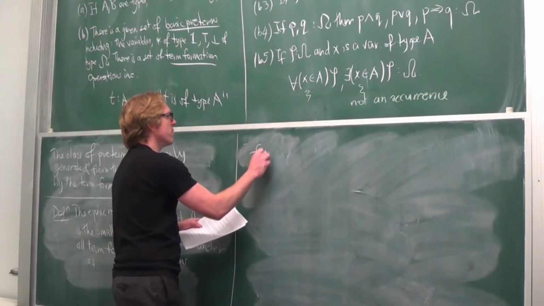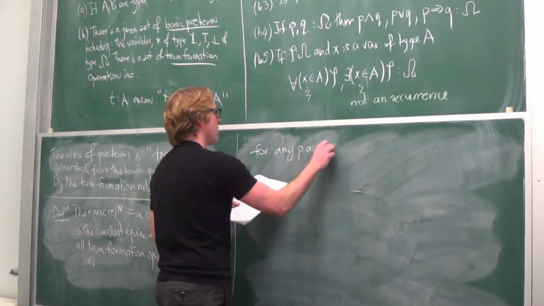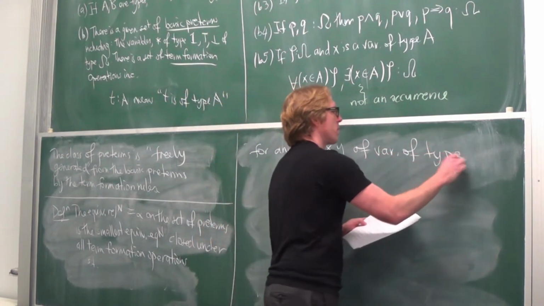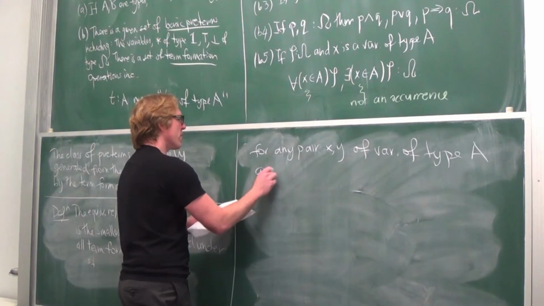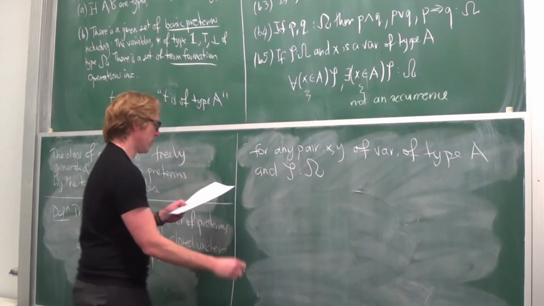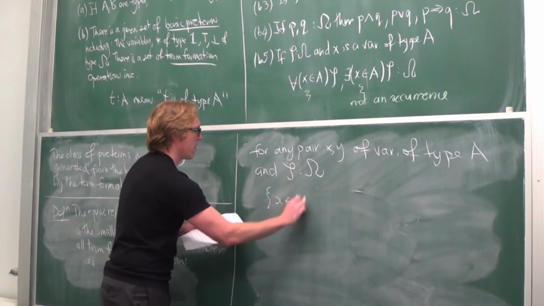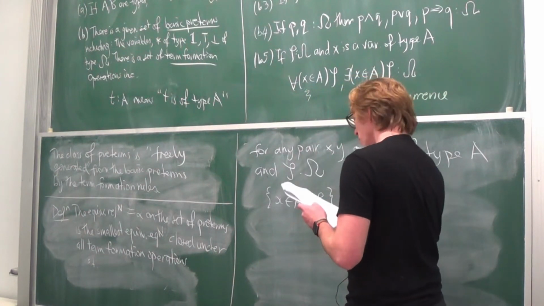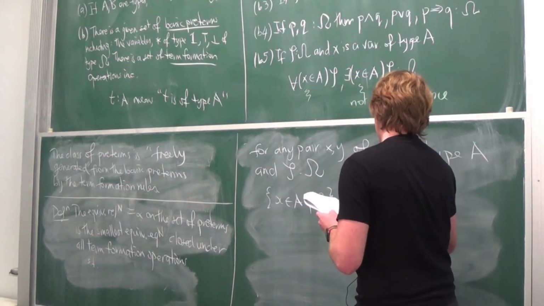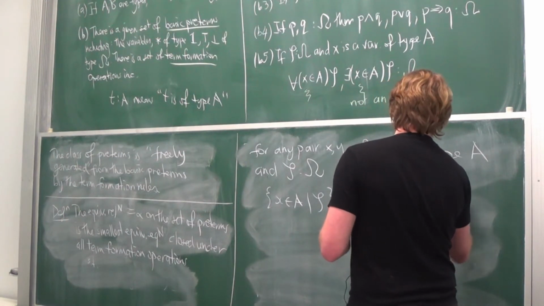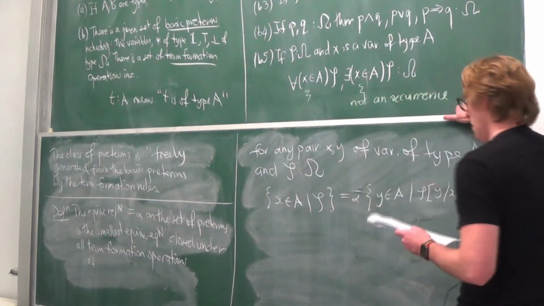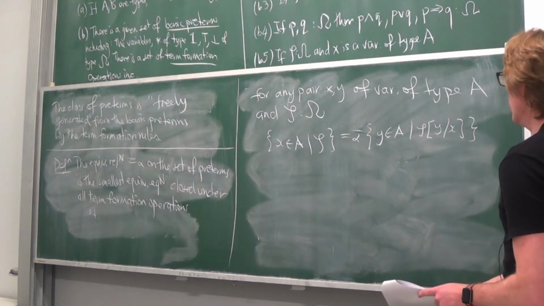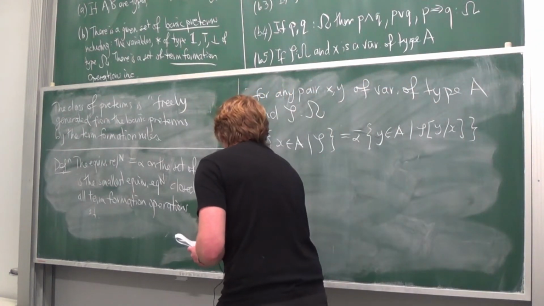Such that for any pair x, y of variables of type A and any formula phi, now this preterm is alpha equivalent to this one. As usual, provided the bad thing doesn't happen, right?